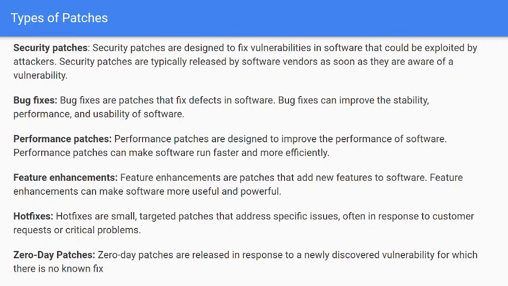Then the next one we have is hot fixes. Hot fixes are small, targeted patches that address specified issues, often in response to customer requests or critical problems. So let's say customers are reporting that, oh, we can't do this with your application. Hot fixes are basically updates that fix those specific customer needs.